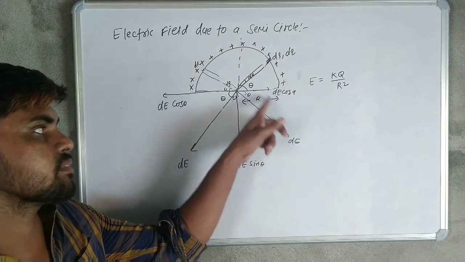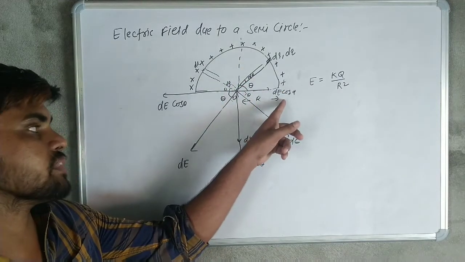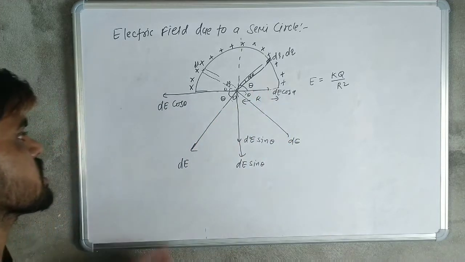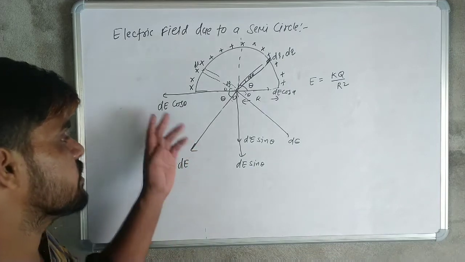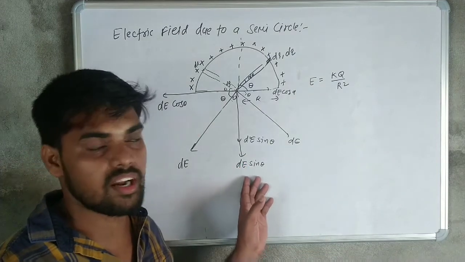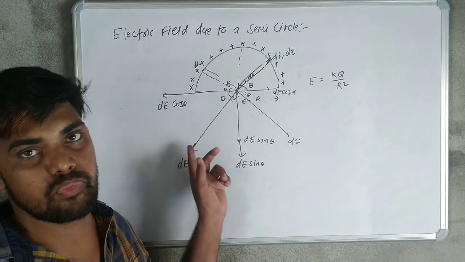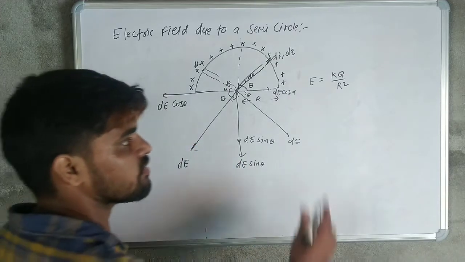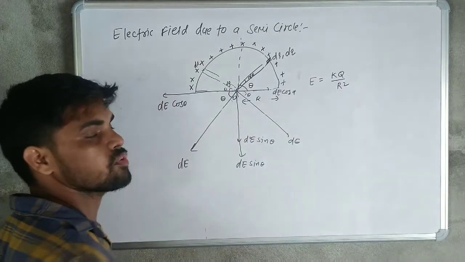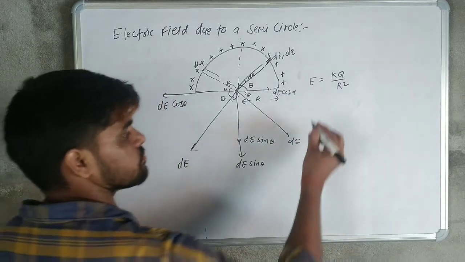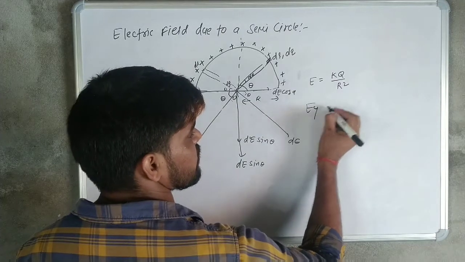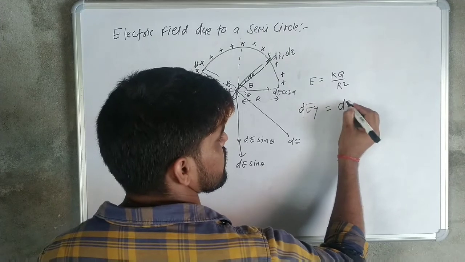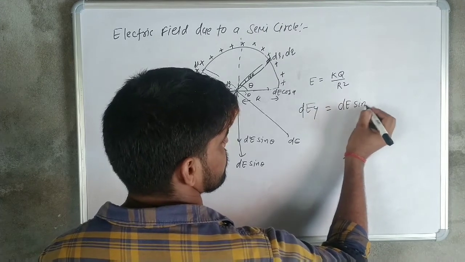Left and right are symmetric, so one will be plus and the other minus, and they cancel out. So we discuss the y component, not the x component, because the x component cancels out. The y component will be dE sin theta.